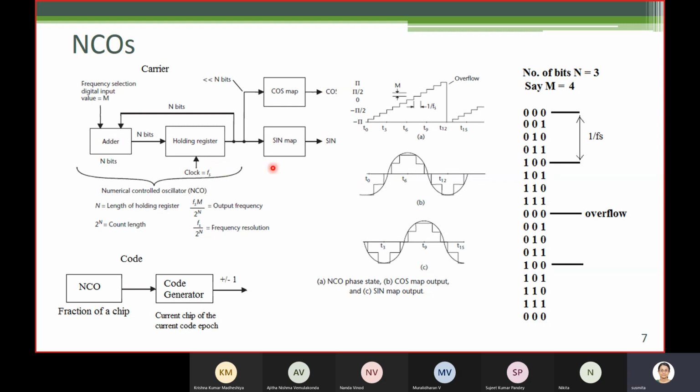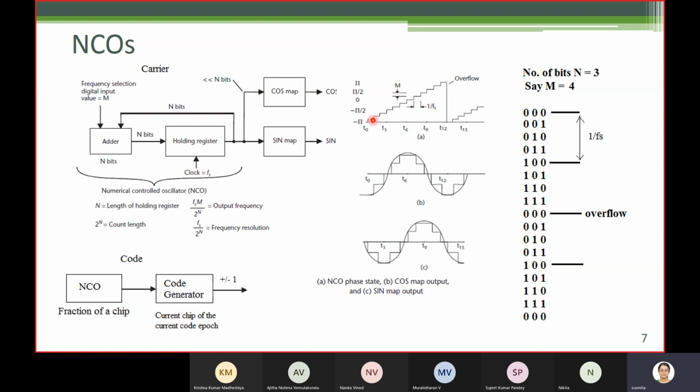By design, it can be made sensitive to the rising edge or falling edge. Let's assume that this NCO is sensitive to the rising edge of each pulse. So when the rising edge of each clock pulse occurs, phase will be incremented, and until the next rising edge, it will be held at that value.